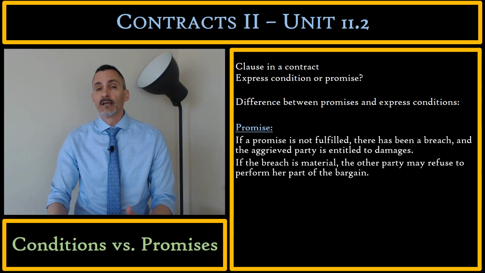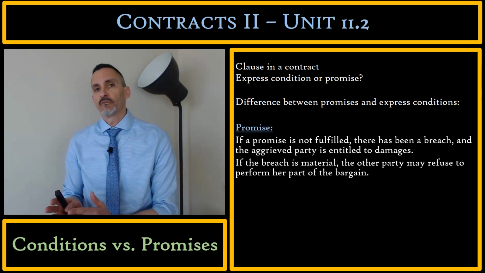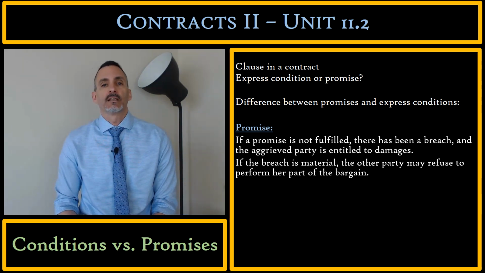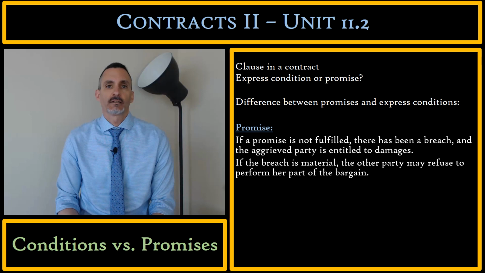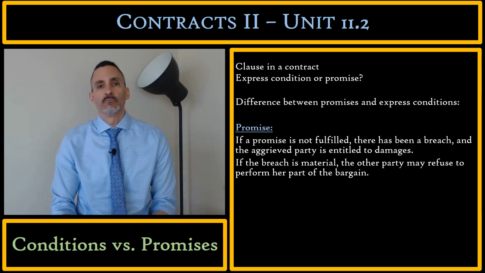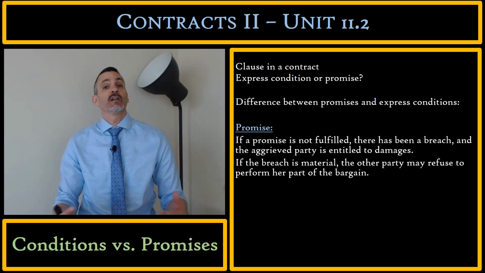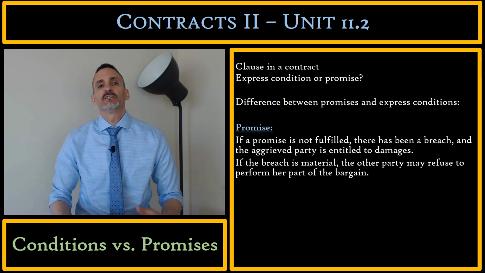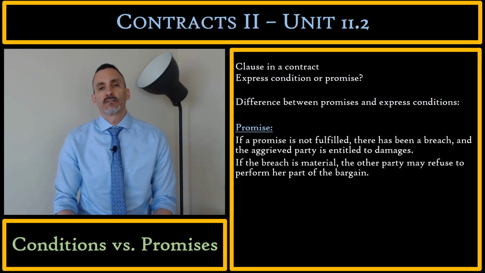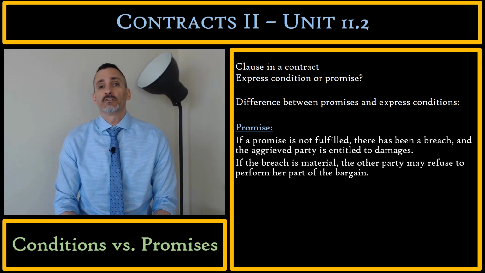But the non-breaching party, the aggrieved party, can only refuse to perform her obligations under the contract if the breaching party has committed a material breach, not if the breaching party has committed a minor breach. In other words, promises need only be substantially fulfilled for the other party's obligations to arise under the contract.